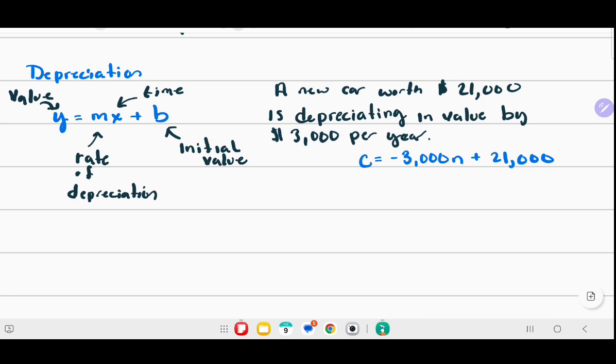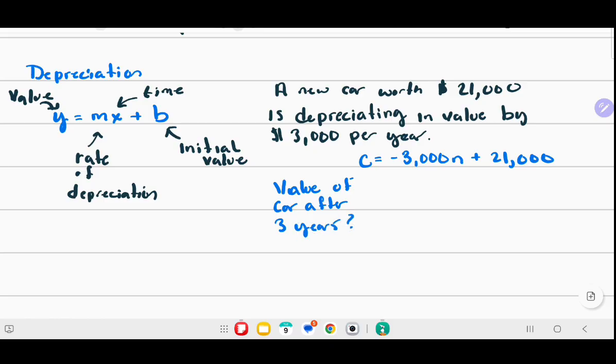First off, we're going to find the value of the car after 3 years.